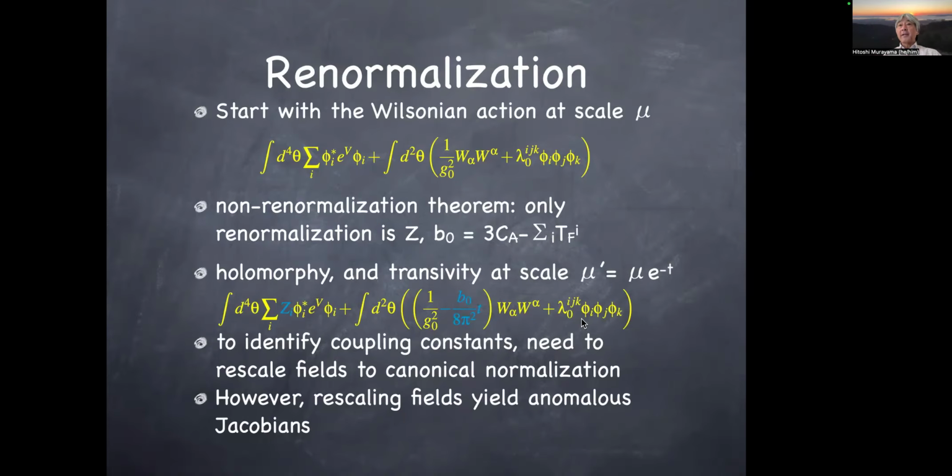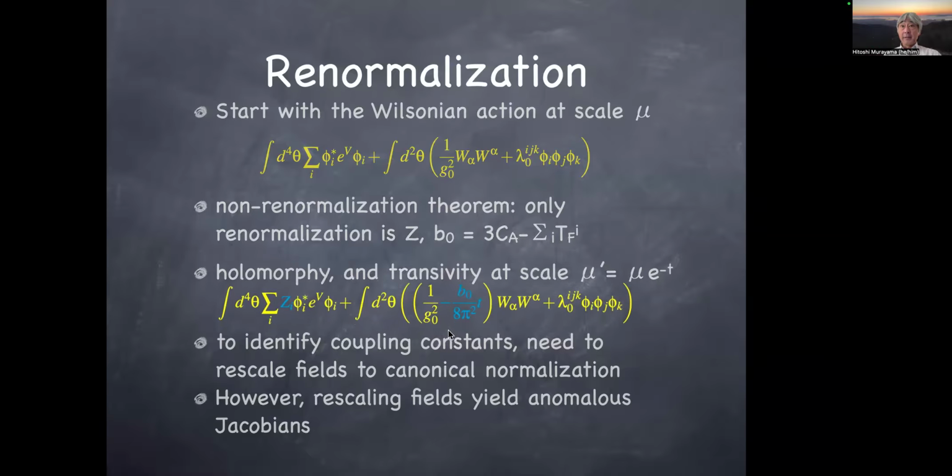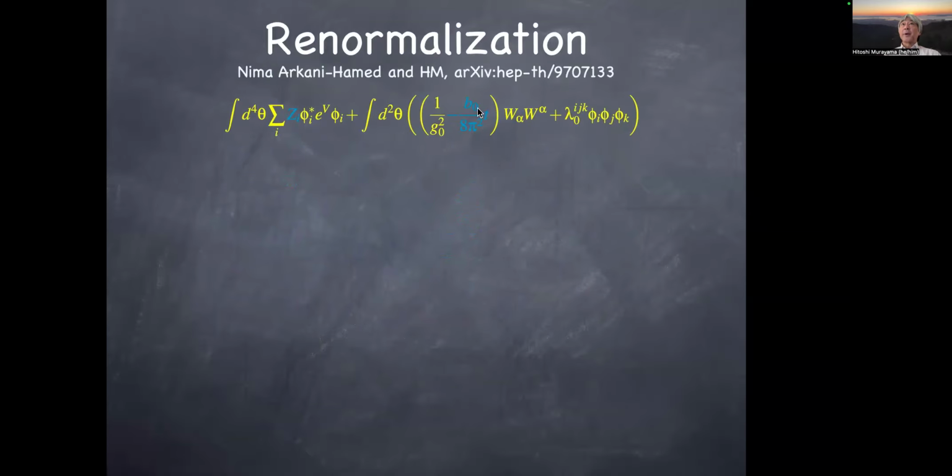But now, this Lagrangian, which is written in the sense of the Wilsonian action, needs to be connected to what we normally use in perturbation theory. And that connection is also a little subtle because when you take this Lagrangian at the low energy scale after running, you have to make sure that all the fields are canonically normalized.